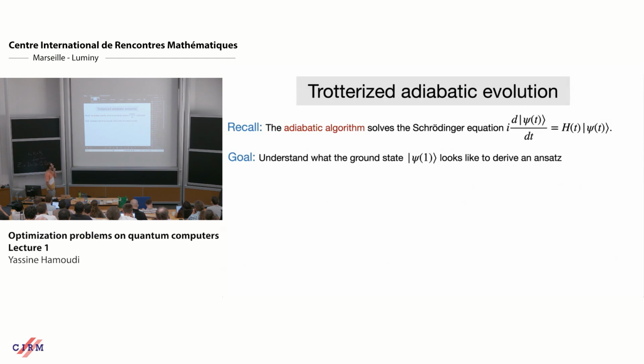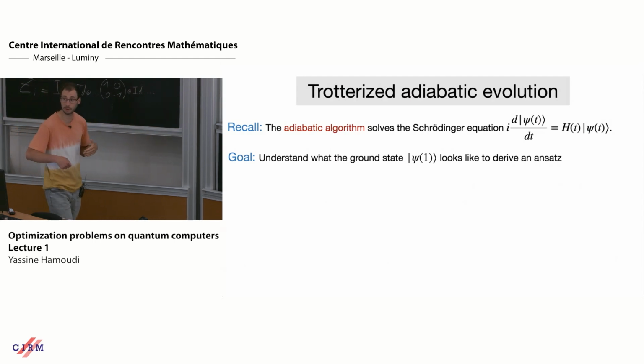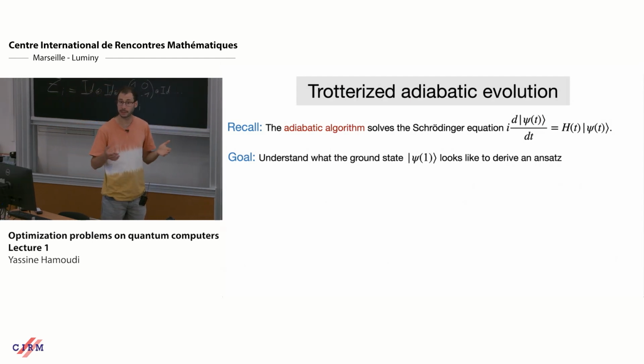A reminder: the adiabatic algorithm is about solving the Schrödinger equation for a time-dependent Hamiltonian, and the goal is to understand what the final ground state should look like. If we understand the structure of the ground state, then maybe it will tell us how we should pick the classical parameters and how we should define the mapping to a quantum state.